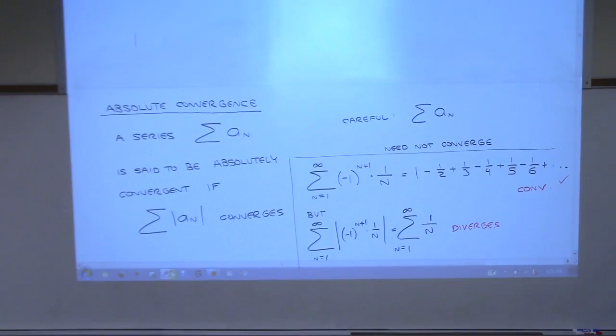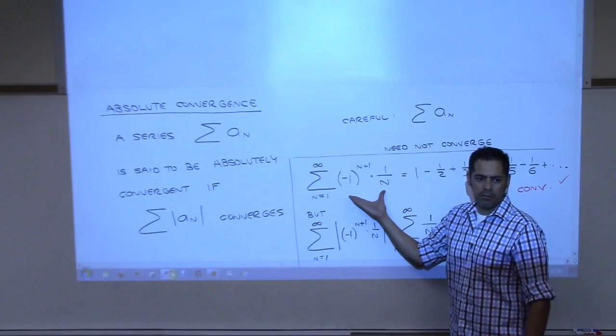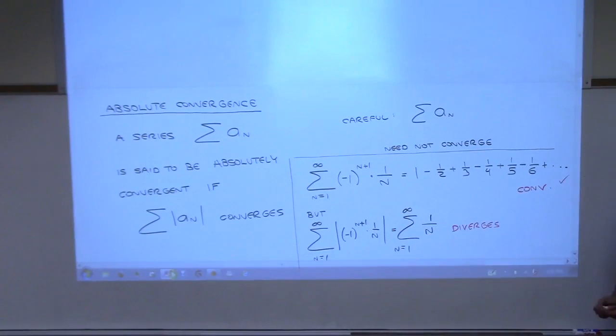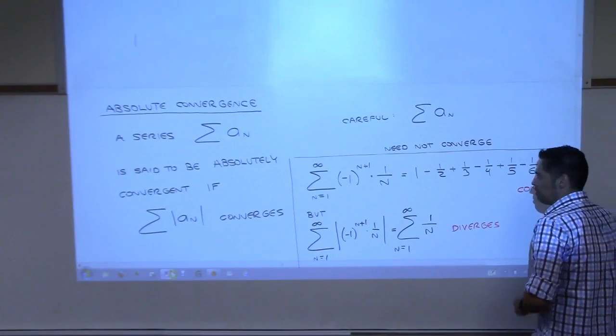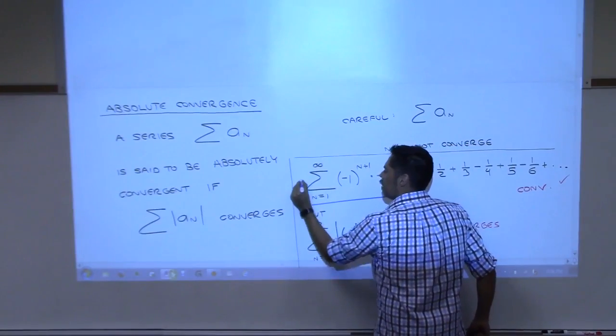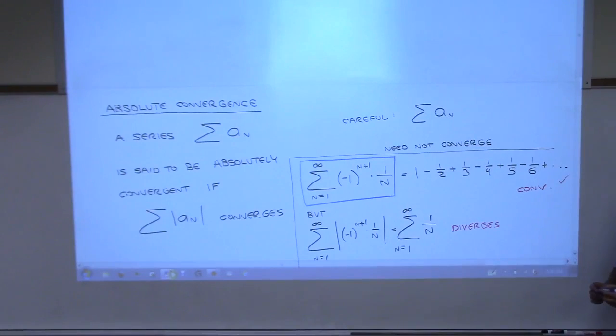Is this series right here absolutely convergent? Read the definition. This is the original series right here. I'm asking you to look at this and tell me, is this absolutely convergent?